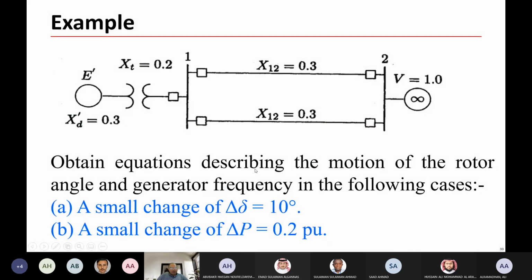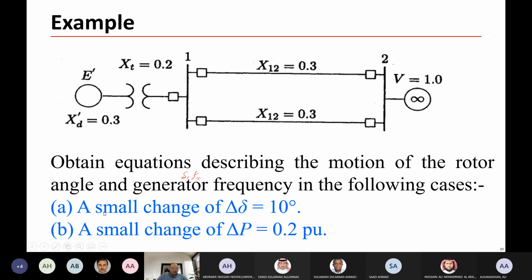Obtain the equations describing the motion of the rotor angle and generator frequency, delta and f. f or omega, doesn't matter, omega equal to 2 pi f, whatever.